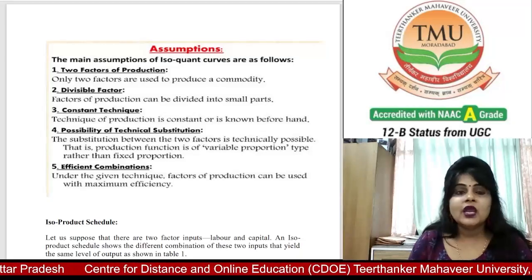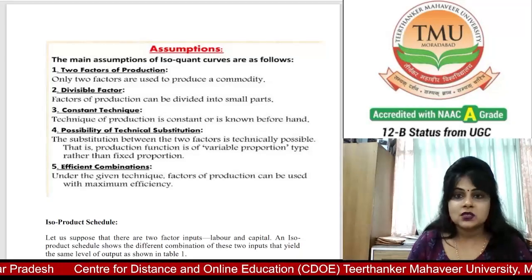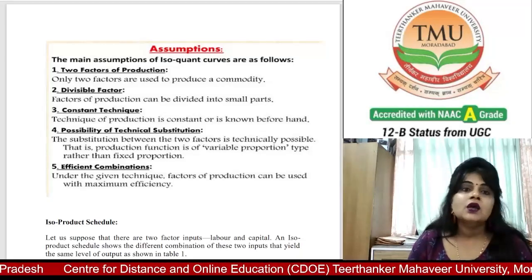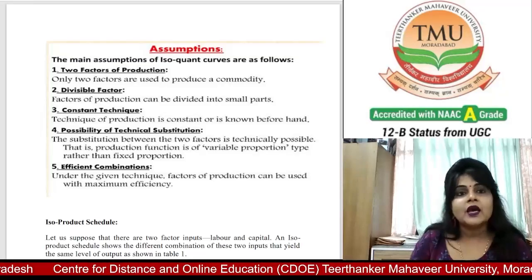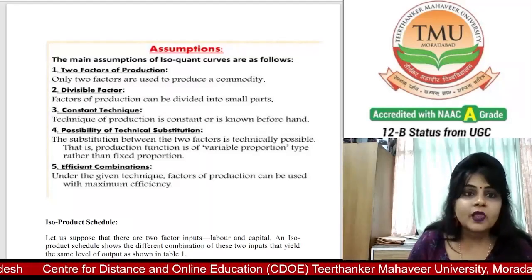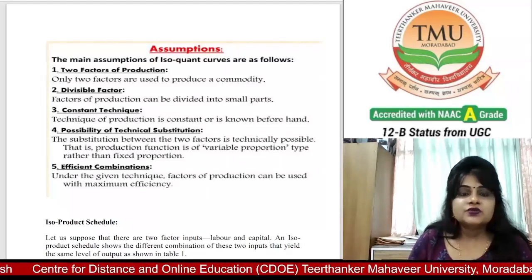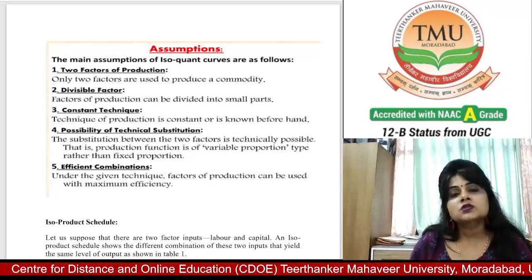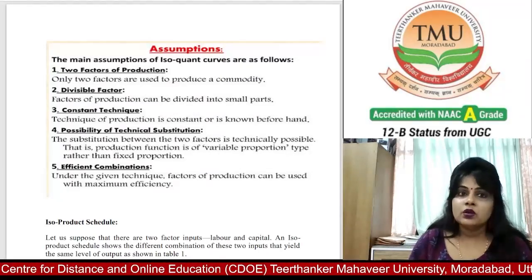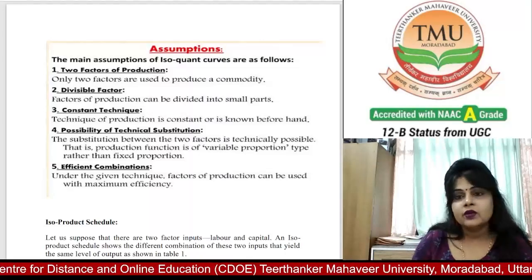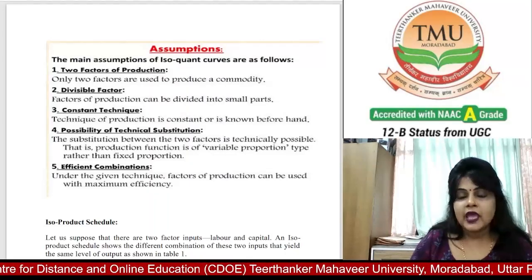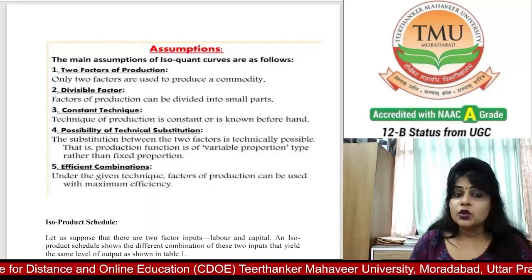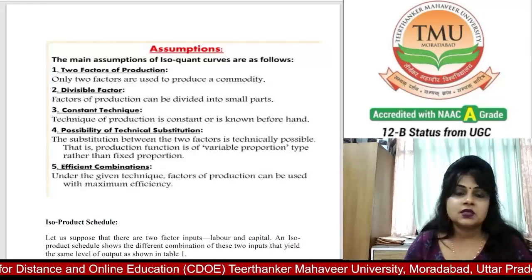So we can take only two factors, and these two factors are capital and labor. Next, divisible factors. Factors of production can be divided into small parts so that when one factor is given up, the other factor can be increased. So it should be divisible.